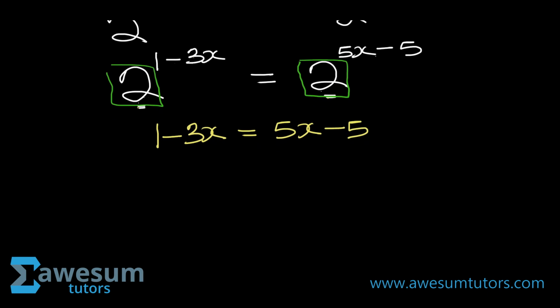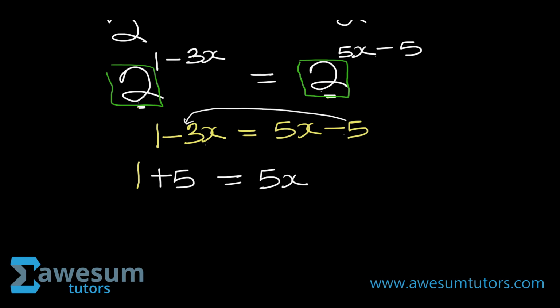So what do we need to do? We need to collect like terms. This is 1 right here. Okay, this is negative 5. It is a like term to 1. So it's going to cross the sign of equals and come over here. Because this is negative 5, if it crosses the sign of equals, it becomes positive, equals 5x.